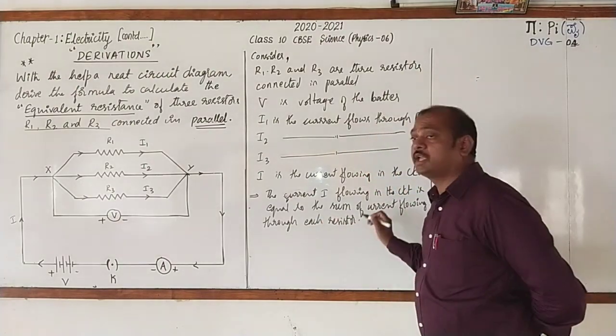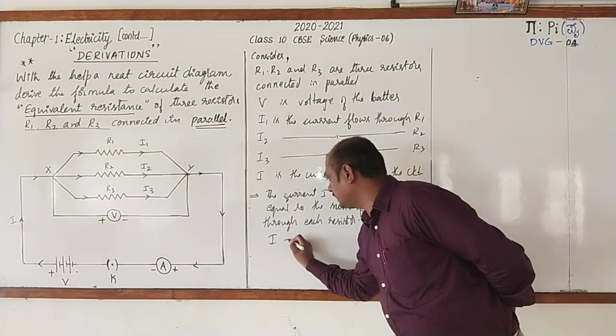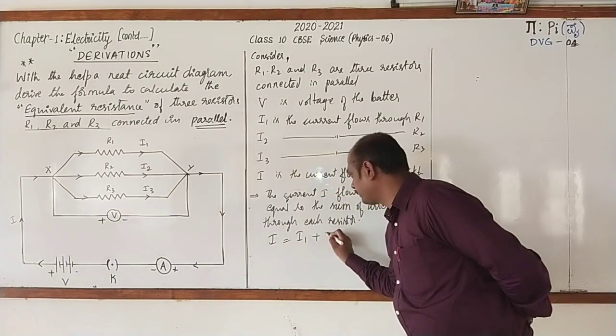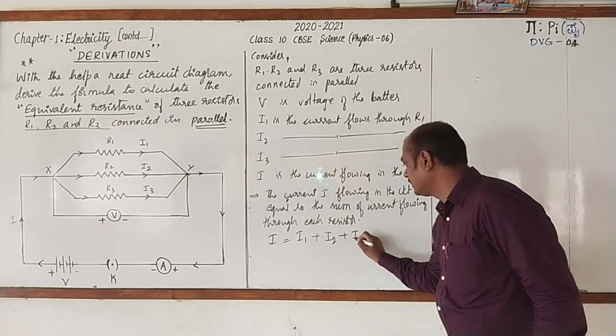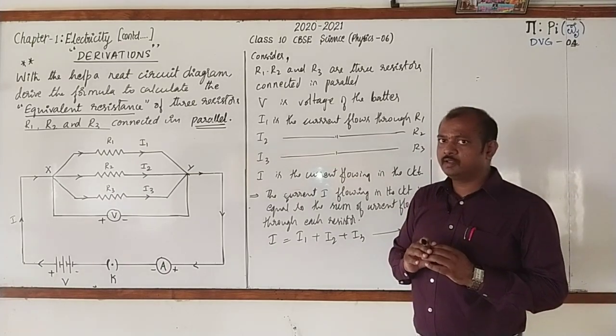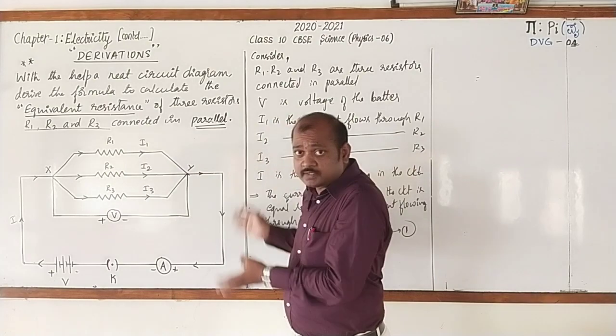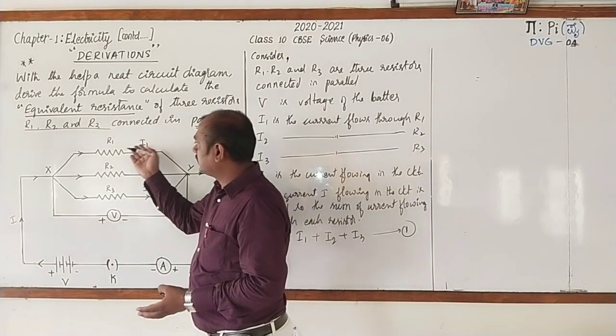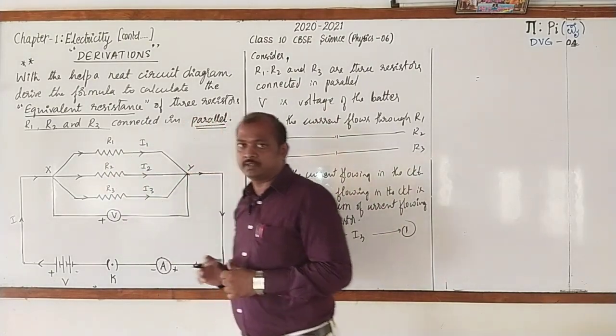Hence, we can write I is equal to I1 plus I2 plus I3. You may call it as equation 1. Clear? The current flowing in the entire circuit is equal to the current flowing through R1, R2 and R3.